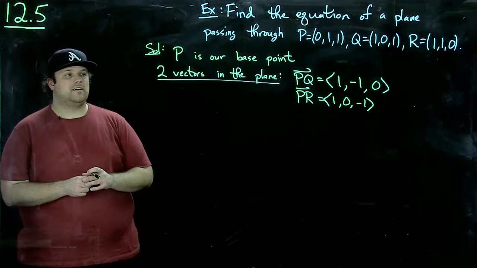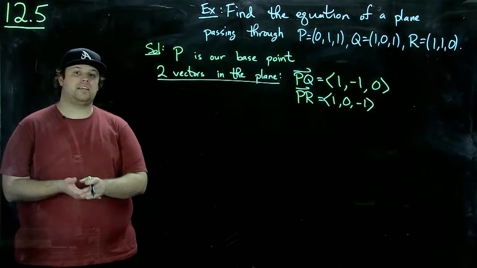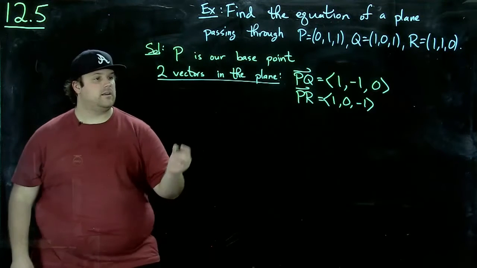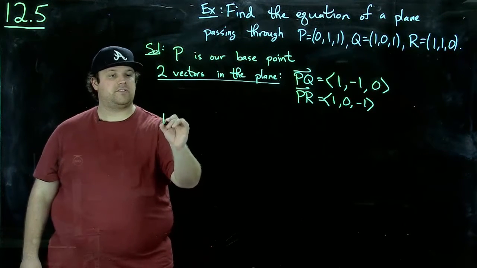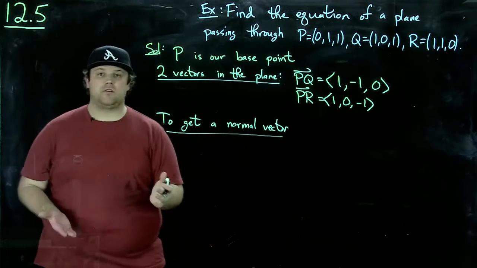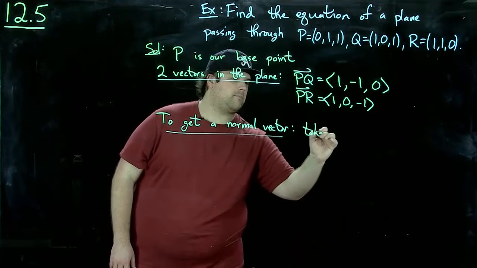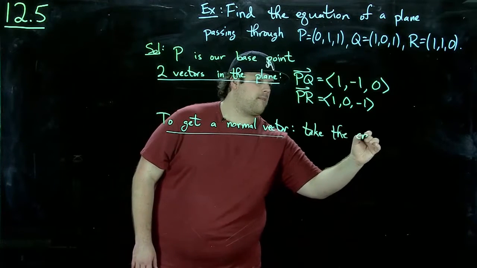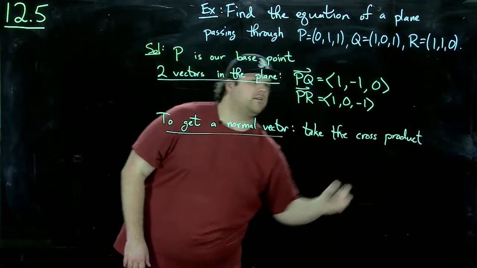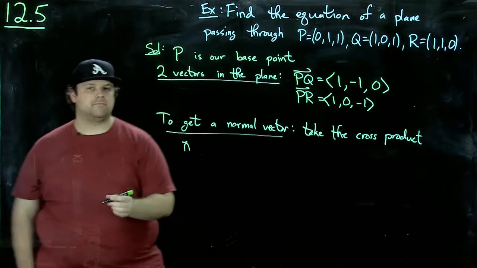Well, hopefully you remembered that the cross product of two vectors is perpendicular to the original two. So to get a normal vector, we take the cross product. We're going to call it N for normal.